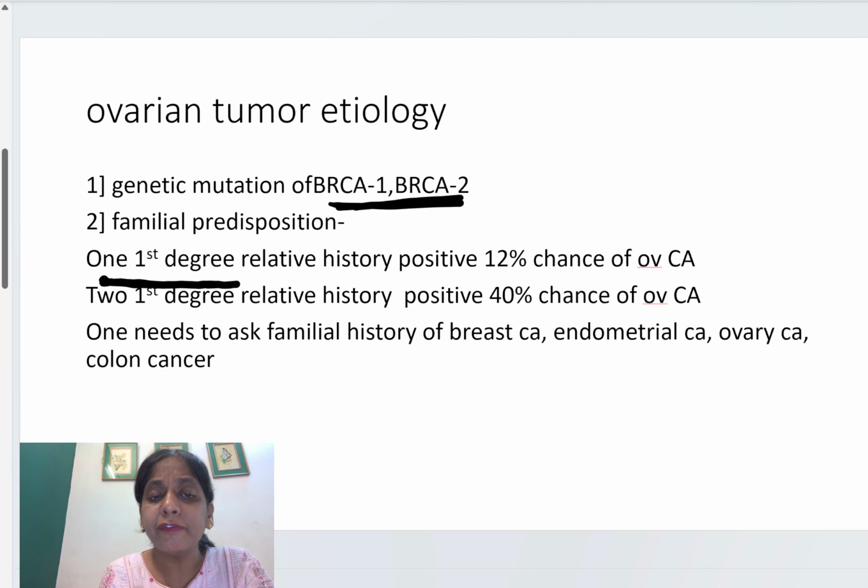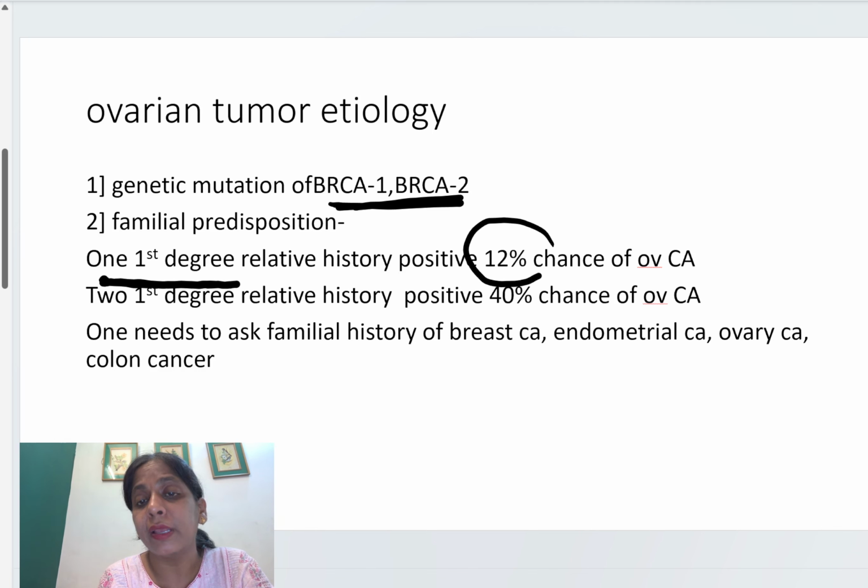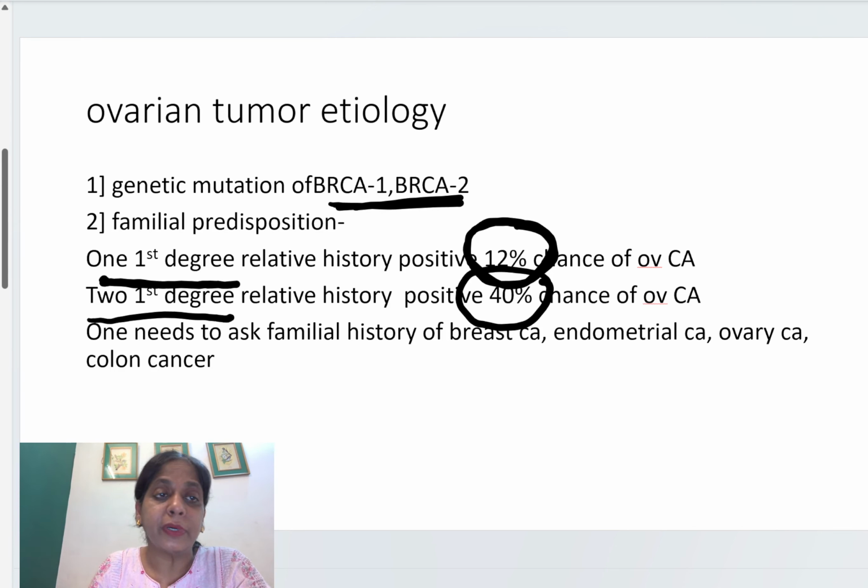If one first degree relative has the history, then the chance of having any of those four cancers is 12%. If two first degree relatives are having it, as in the patient we discussed in the question, then there is a 40% chance.